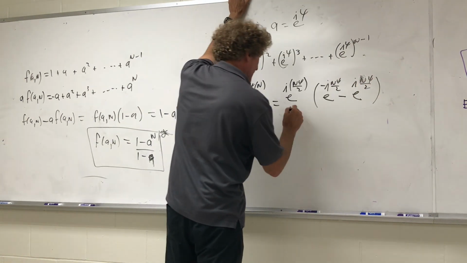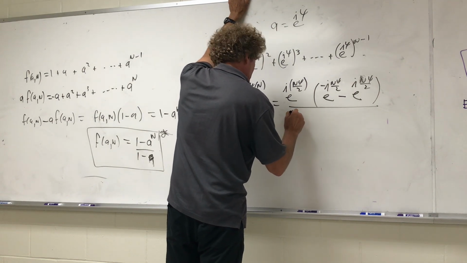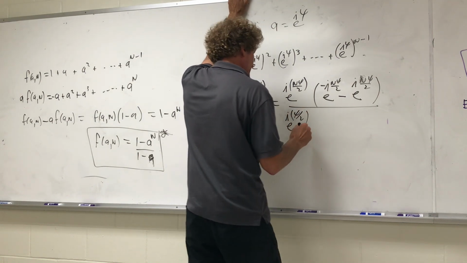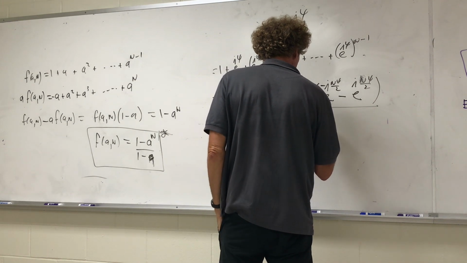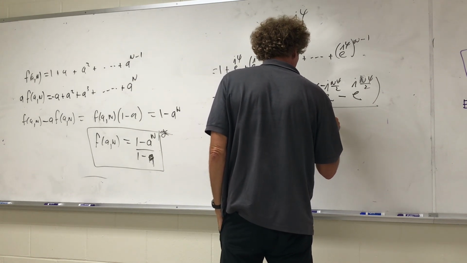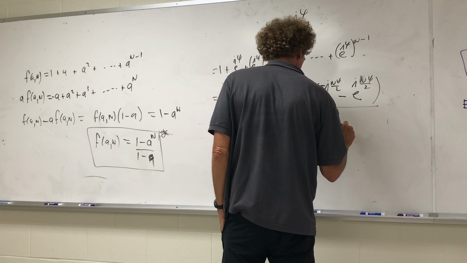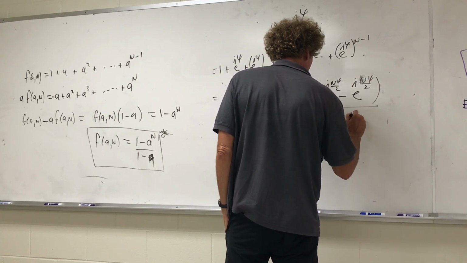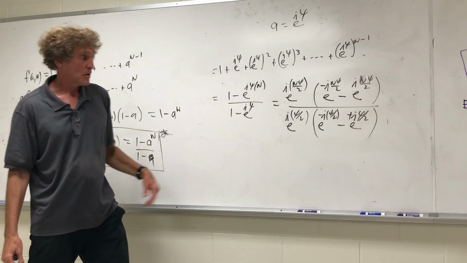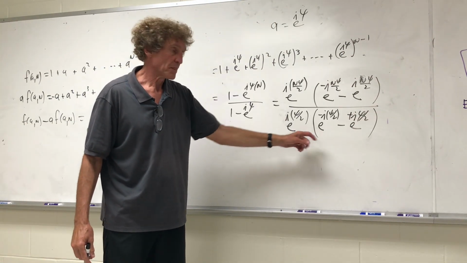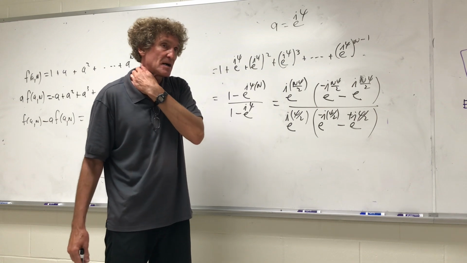Downstairs, I'm going to take out e to the j psi over 2. And then I have e to the minus j psi over 2 minus e to the j psi over 2. Go ahead and multiply. This times this is 1. This times this is e to the j psi.